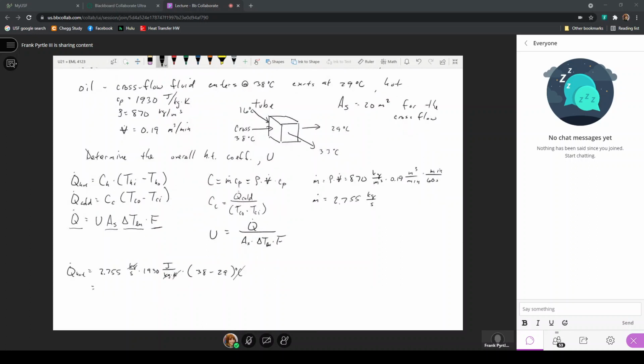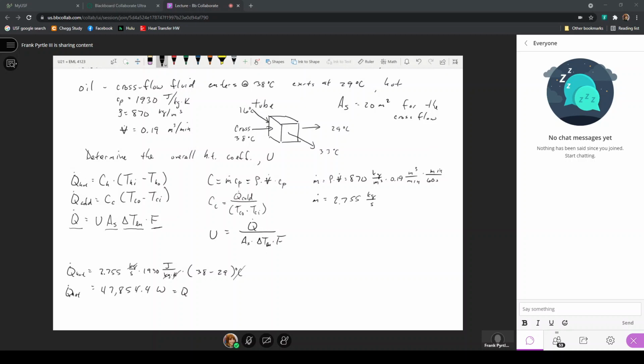So this will be some number of watts that is the heat transfer rate out of the hot fluid. So here times 1930 times 9. All right, so I get here an expression of the heat transfer rate that is 47,854.4 watts. So that's the amount of heat lost by the hot fluid.